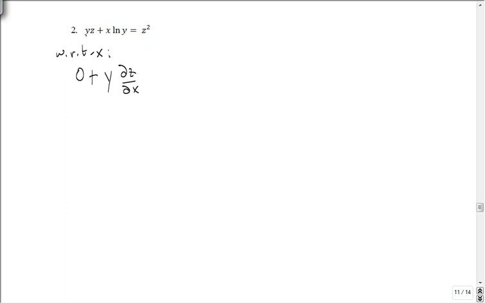We finish with the first term, yz. Next, partially differentiate x natural log y with respect to x. What do you get? There's a natural log of y. Equals. Partially differentiate z squared with respect to x. You have the 2z, but you need to multiply by partial z partial x.